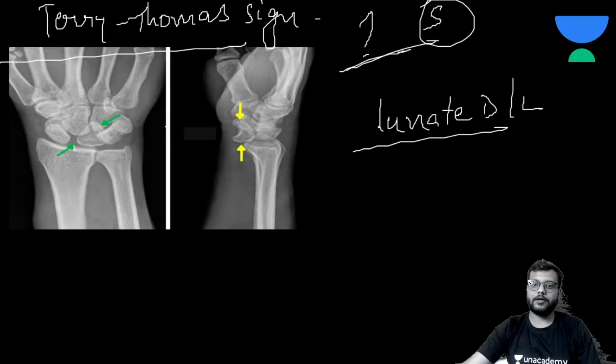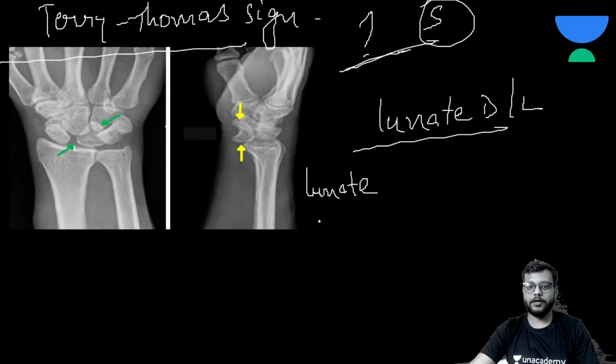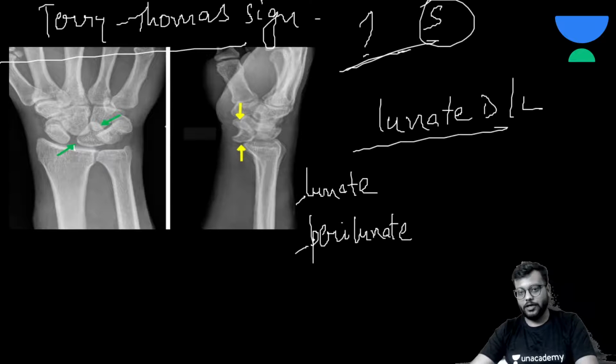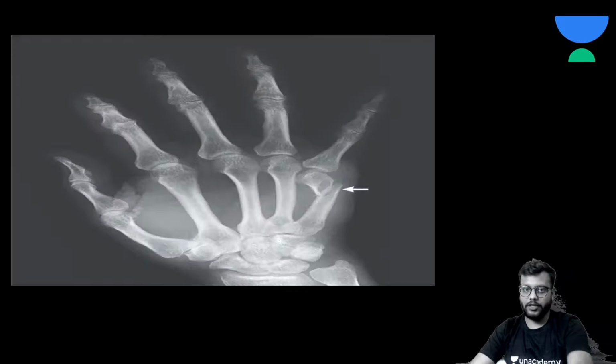Okay, and there are two types of dislocations, lunate and perilunate. In lunate, the lunate is dislocated and rest all carpal bones are in normal anatomical position, and iska ulta perilunate, in which lunate will be in normal position and rest all carpal bones will be dislocated.